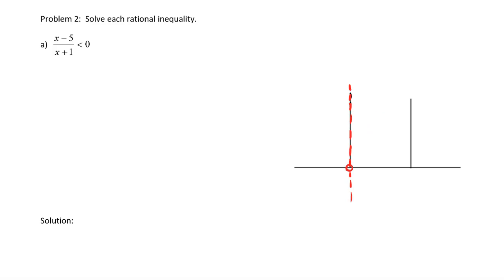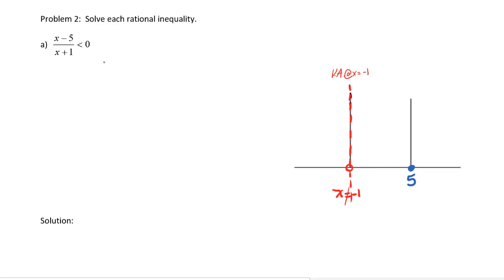And the zero of the polynomial will be at 5. So just be very careful.